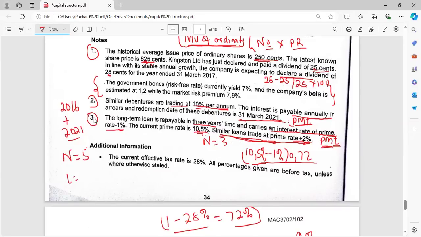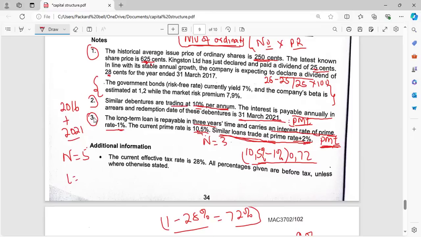But when you calculate PMT, remember the bank will never change the interest rate they charge you when you apply for the loan. So when you calculate your PMT, you are now going to use the interest that you were charged when you borrowed the money from the bank. So here they say the long-term loan is repayable in 3 years' time and carries an interest rate of prime rate minus 1. That's where that figure is coming from. So our PMT, the payments that we are going to make, are going to come from this percentage, the prime rate minus 1%.